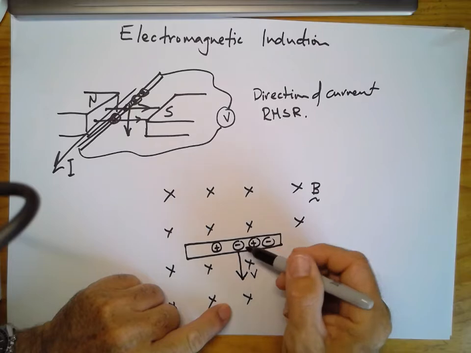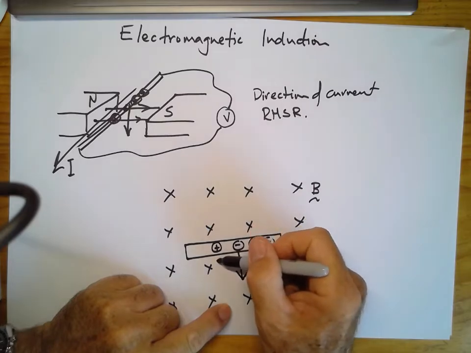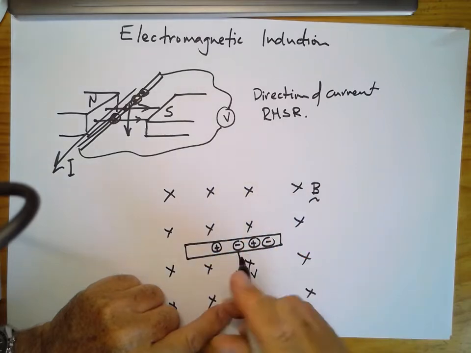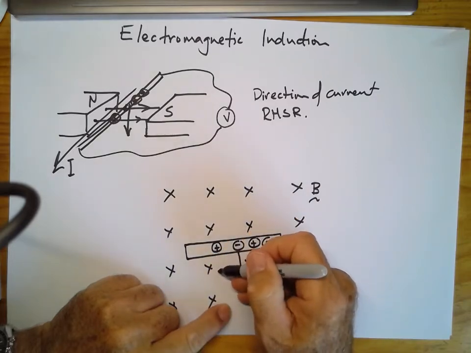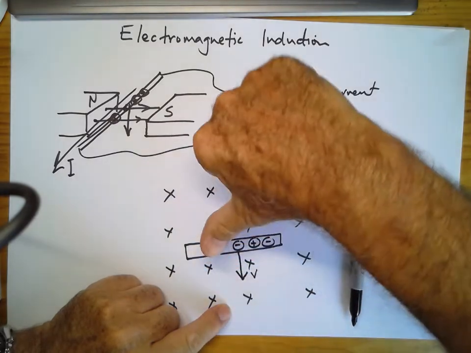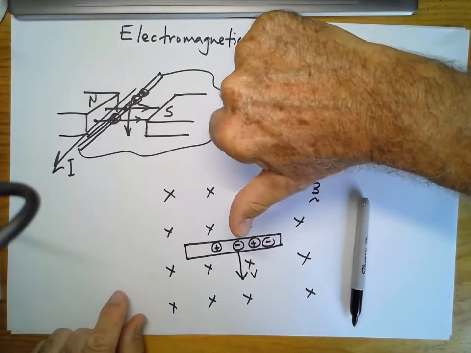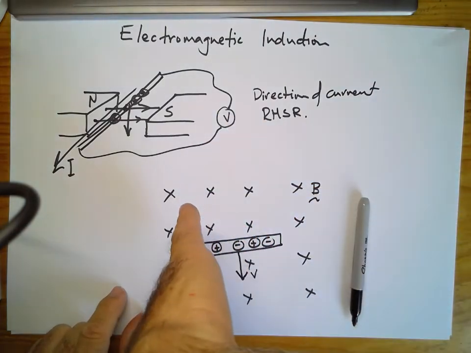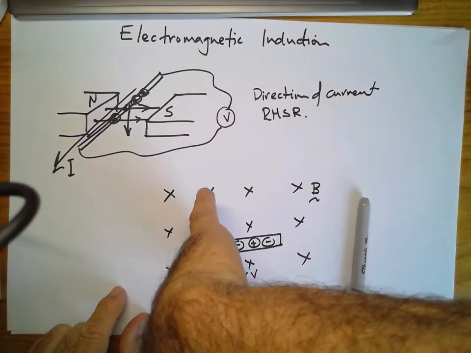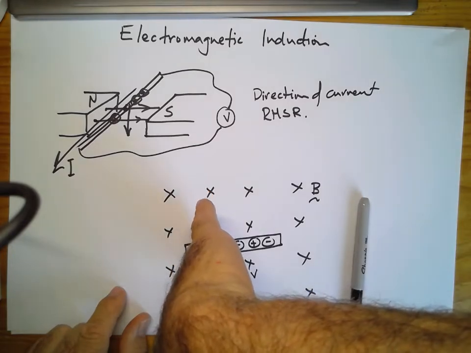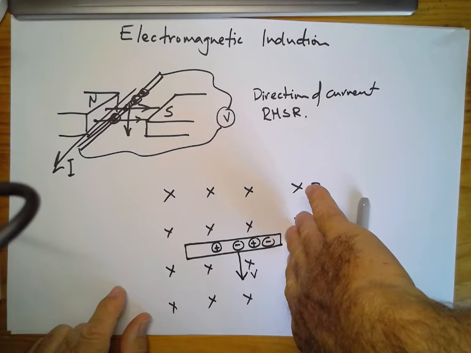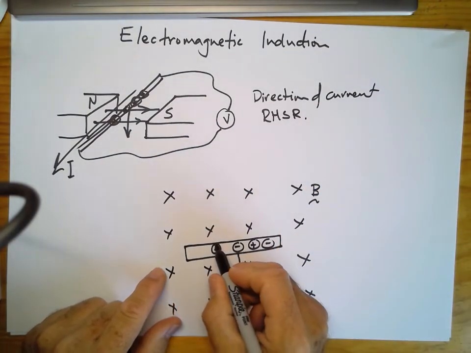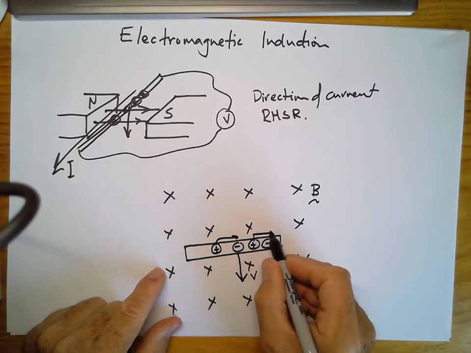As we're pulling these positive particles down, it's equivalent to a conventional current moving in this direction. The magnetic field is into the page, so these positive particles will experience a force to the right. So as we move this here, these positive particles will migrate to the right hand side.